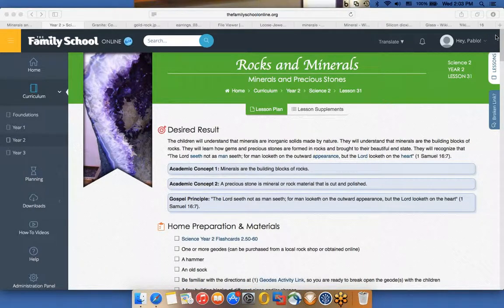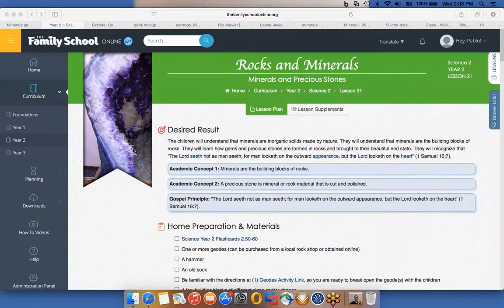So we have already talked about some of these principles, and we are going to go into a little bit more detail here in the class today. Okay. So in a previous class, we talked about this concept that minerals are the building blocks of rocks.